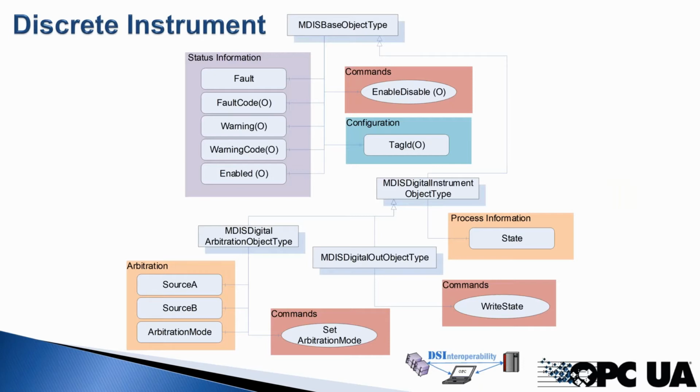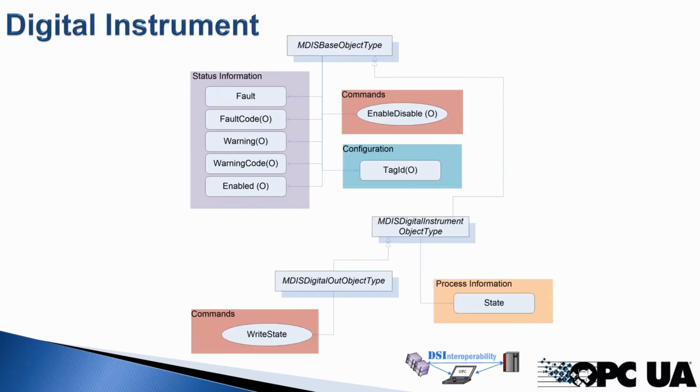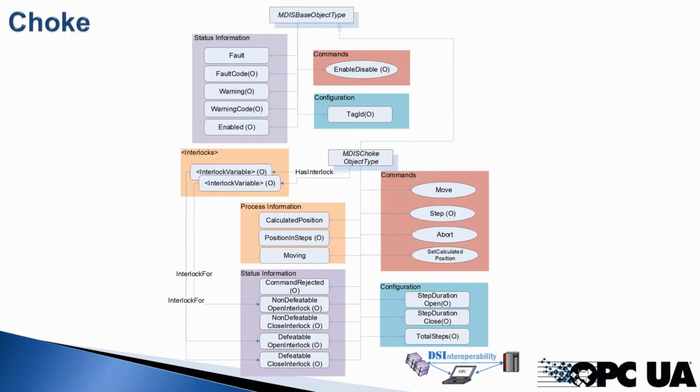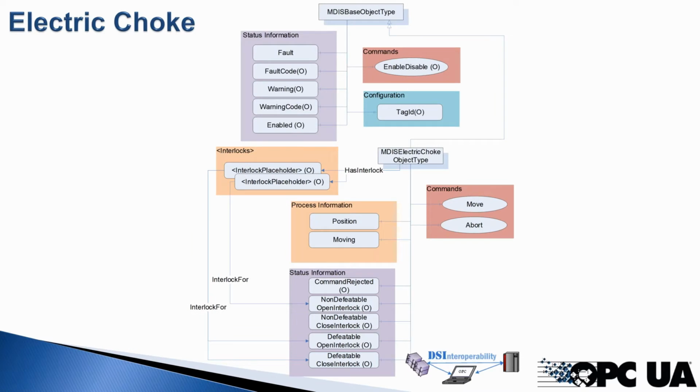We're going to run through all of the object types fairly quickly here. So there's a discrete instrument type, there's an instrument type, there's a digital instrument type, there's a choke, and there's also an electric choke that's available.